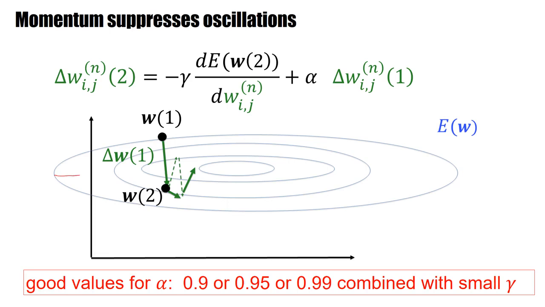There is this boring direction in which there's a speed up, and then there is a steep direction in which the actual step sizes are reduced, and so we move quickly towards the minimum, and we can do this with fairly high values for alpha. You can either take 0.9 or even 0.99. It just means that you have to start with a small initial gamma, and then the alpha close to 1 will increase the step size in boring directions.